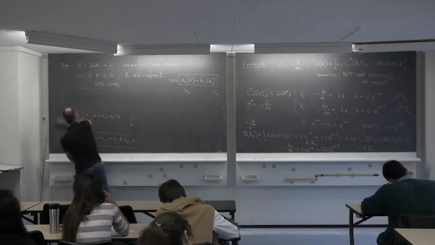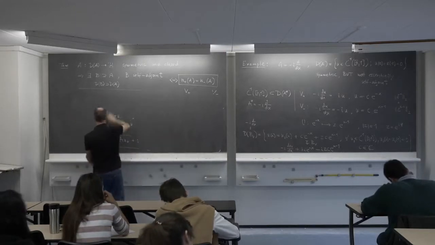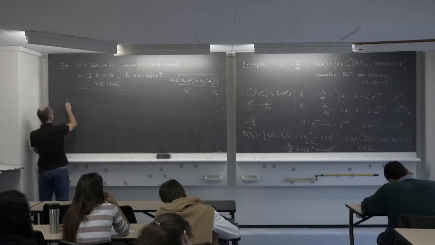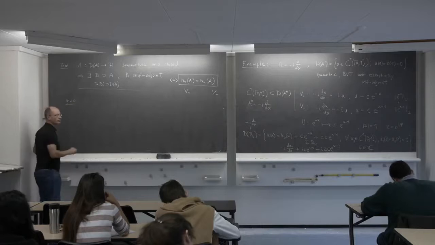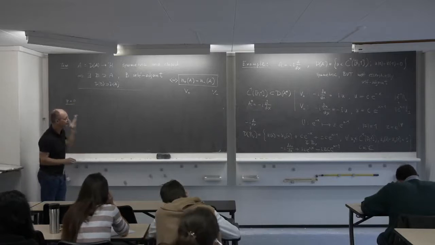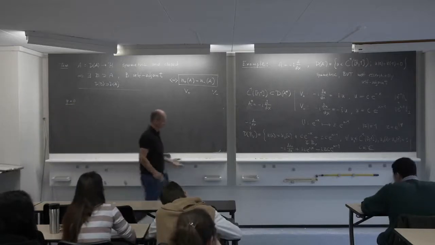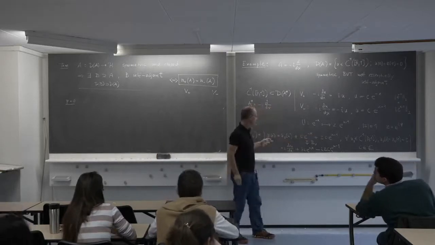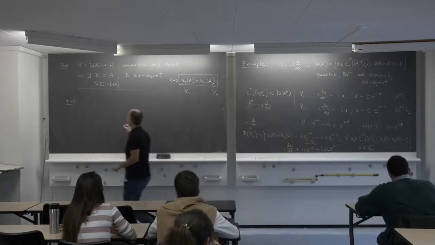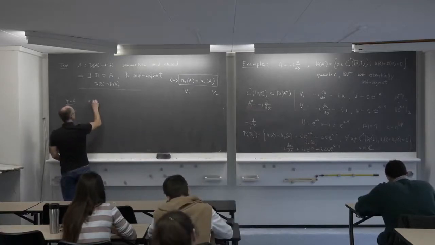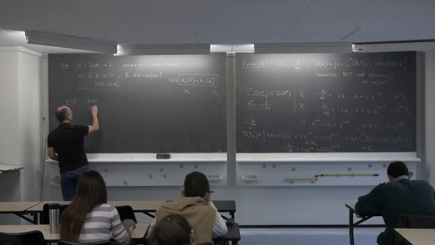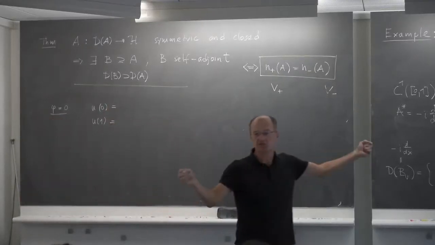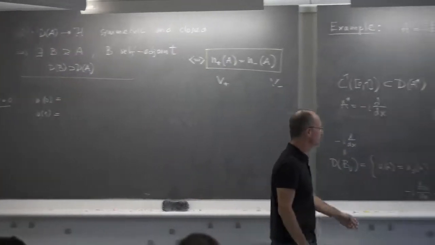So what is this change of the domain? Let me give you two examples. Let's choose phi equal to 0. So what happens? Actually, the only thing that will change are the boundary conditions. If we are interested in the expressions for u of 0 and u of 1, u naught does not contribute because it's equal to 0 at both endpoints.